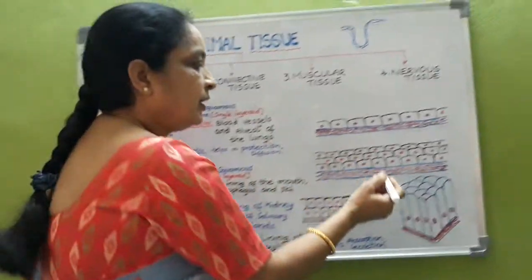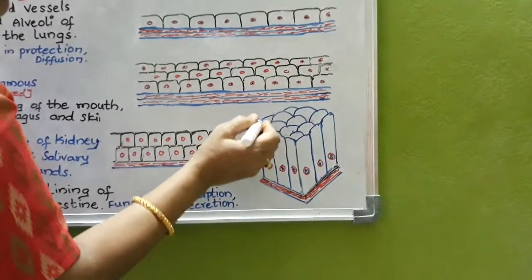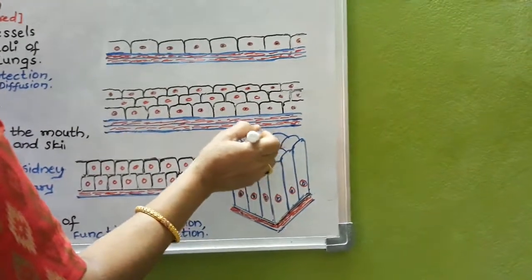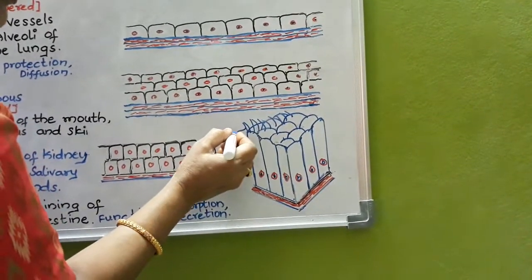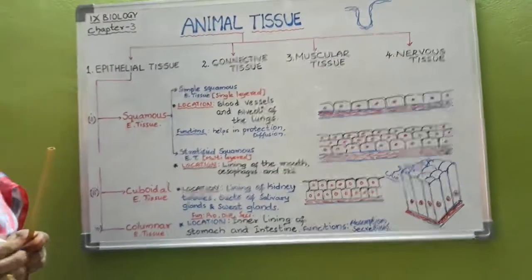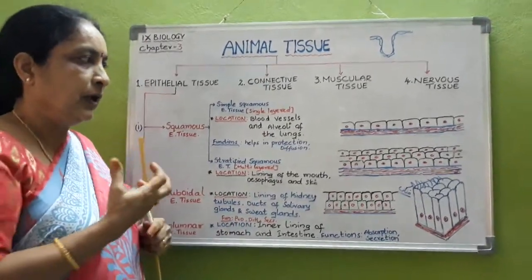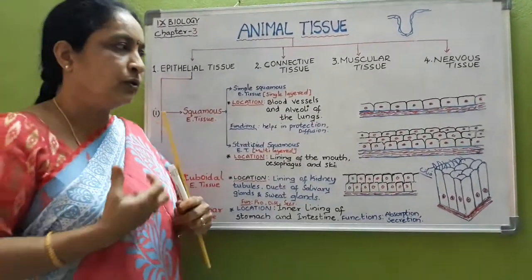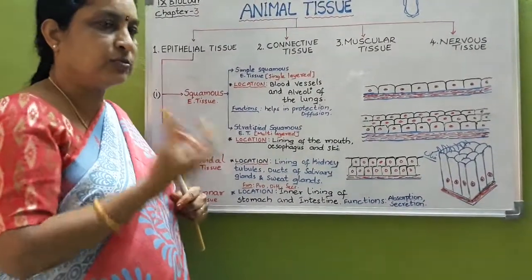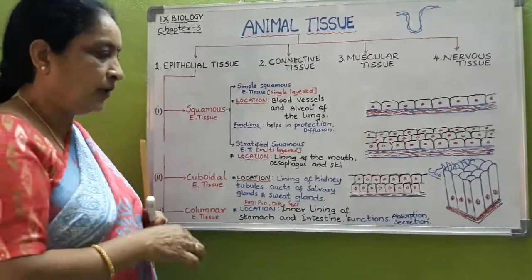In some places this columnar tissue has a hair-like structure like this. They are called cilia. And what does cilia do? It helps to move substances through and from and to some parts, and it helps in the transport or movement of substances in the organ.